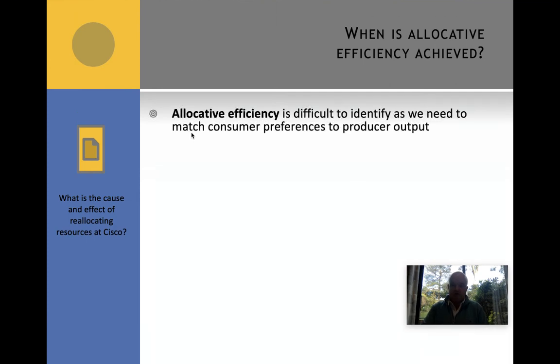It is slightly more difficult to identify, but allocative efficiency is the point at which we're trying to match consumer preferences to producer output. That's the point at which we're trying to give maximum utility to our consumers, but also producing at the most efficient point for our producers too. But trying to get both of those balanced is a slightly more difficult principle, as we'll see.